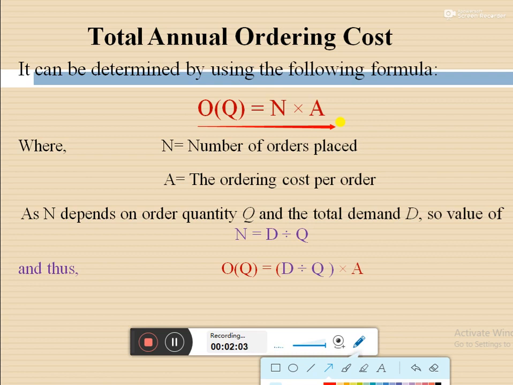As we know that N depends on order quantity, that is Q, and the total demand, that is D. So value of N can be calculated by using the expression, that is total demand divided by the quantity ordered, and thus the formula can be rewritten as written here. So we can use or follow this expression to calculate the annual ordering cost.